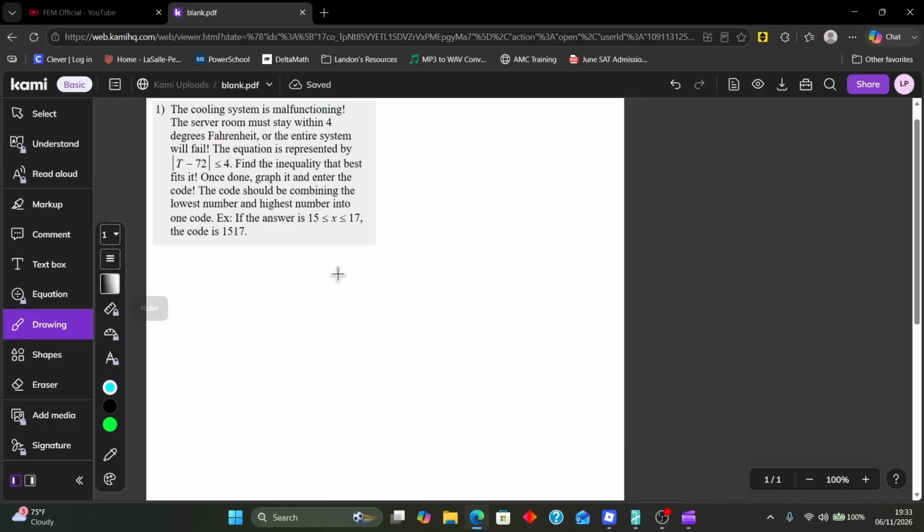Okay, here we go. So the equation is represented by T minus 72 is less than or equal to 4. Okay, we can do compound inequalities. So we can do less than or equal to 4 and negative 4. Add 72 on each side. It's going to be 68.